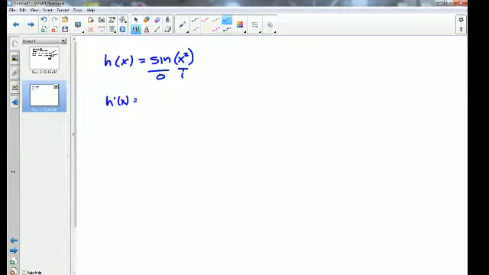Cosine. So, yeah, DO, derivative outside, cosine. Copy inside, x squared. And derivative inside, 2x. And I can color code that again.